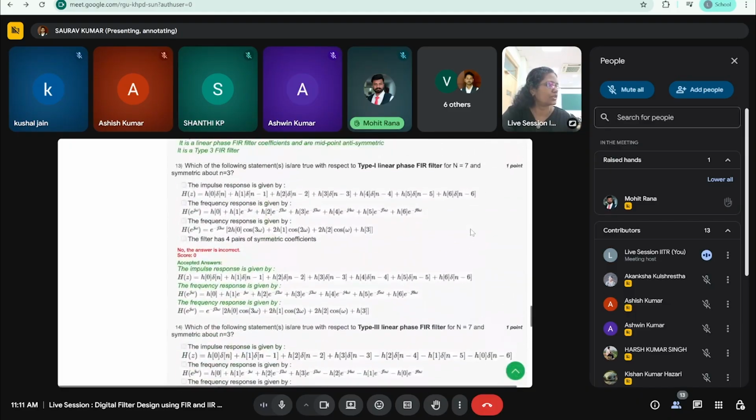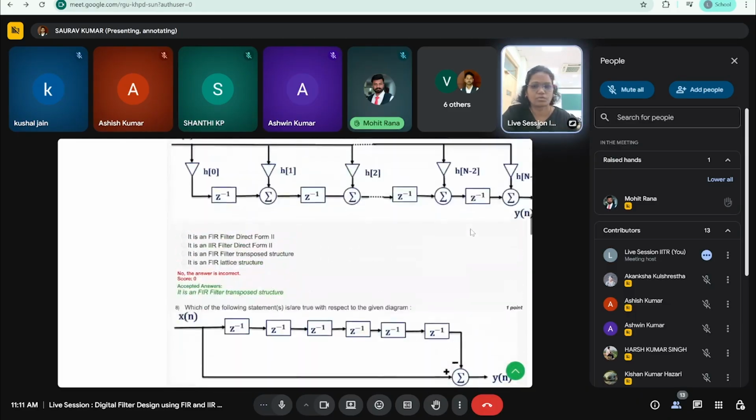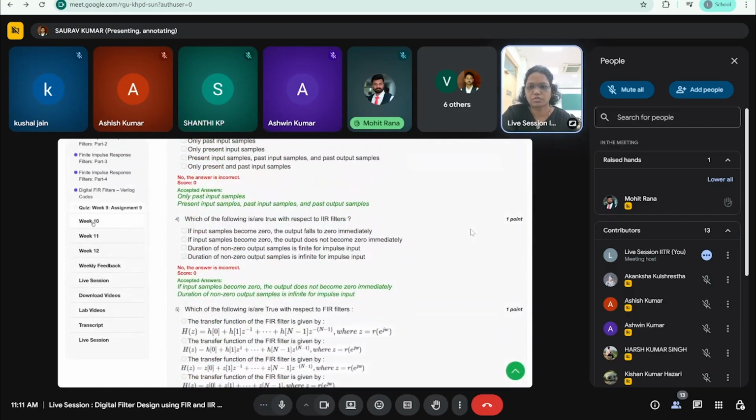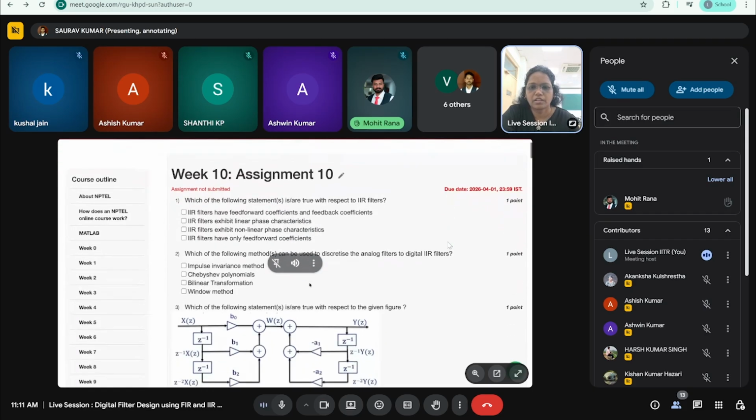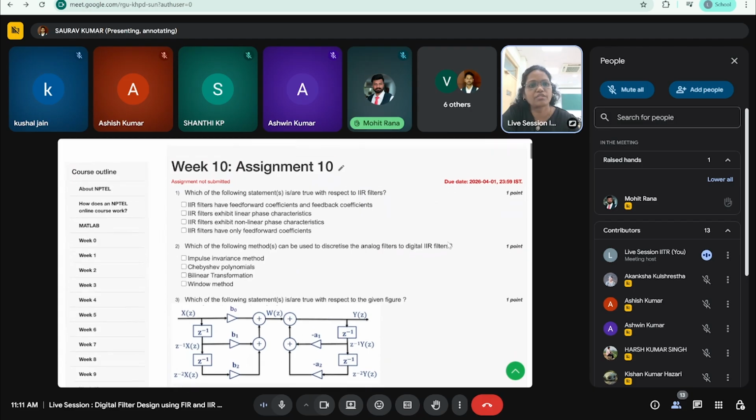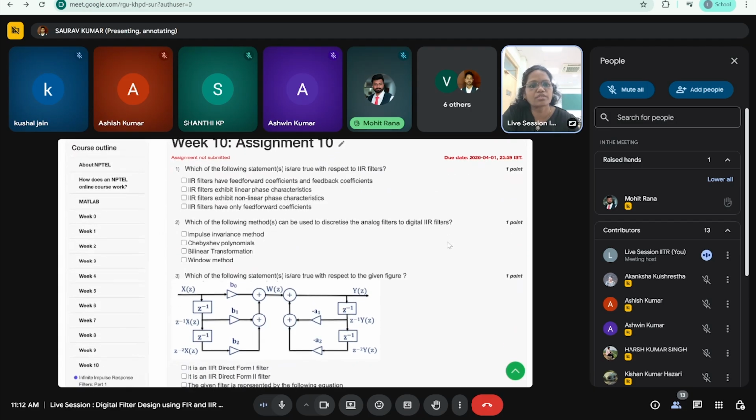Next one is done. Assignment 10 is related to IIR filters, in which I have explained two analog filter designs: Chebyshev and Butterworth.